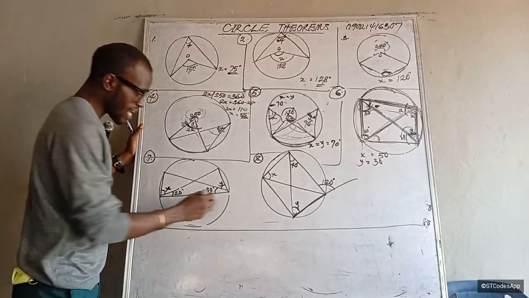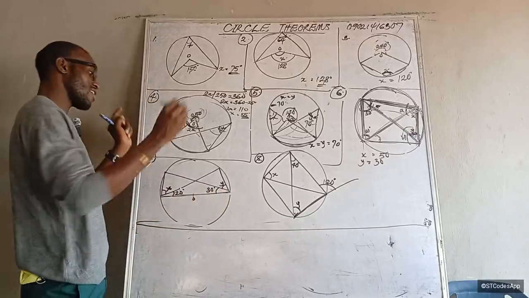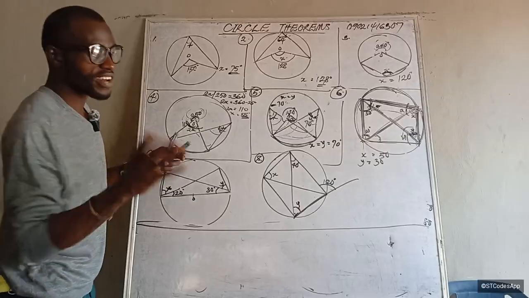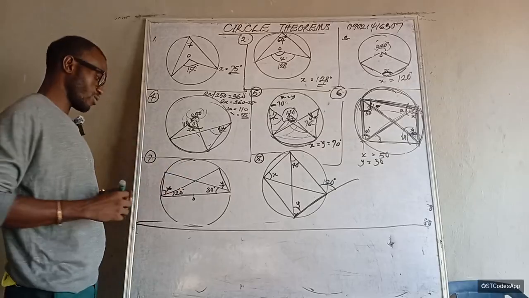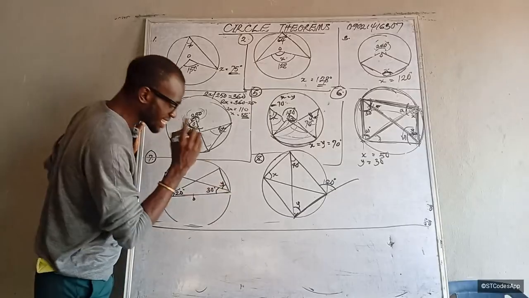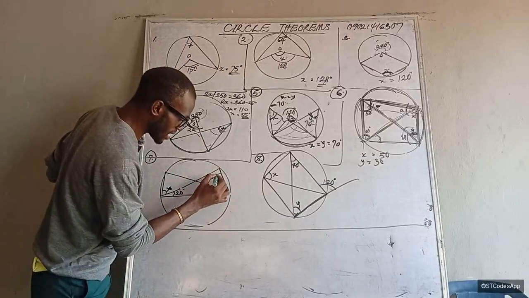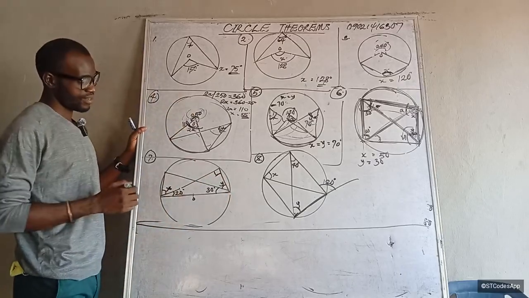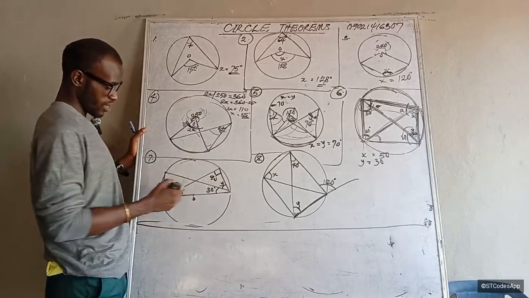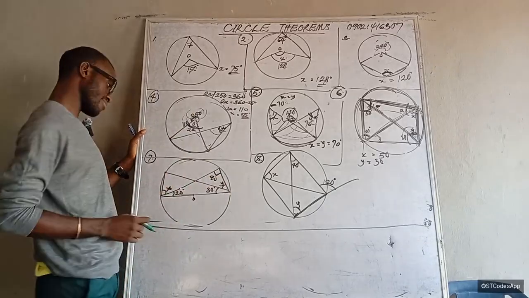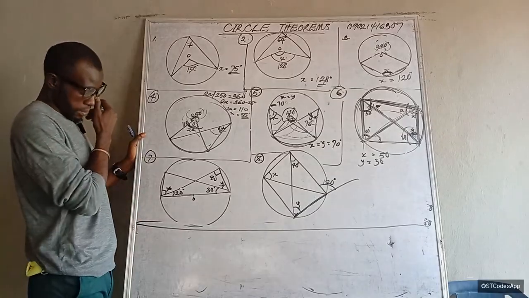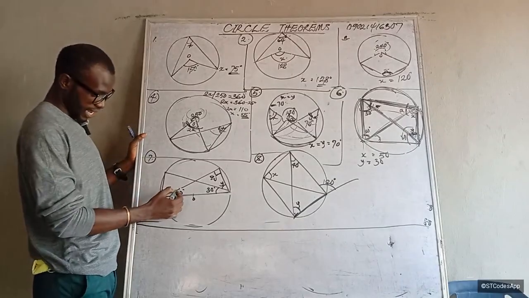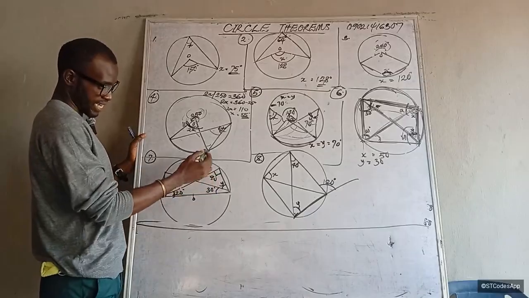The next one. Look at this. This is a diameter. Once you have a diameter, you have a semicircle, right? So the angle in a semicircle is 90 degrees. Don't forget. So if it is 90 degrees, remember we're looking for x and y. We already know this side 20, we know this side 90.